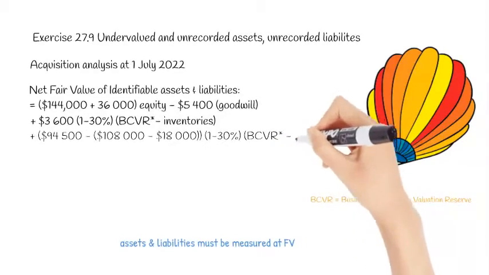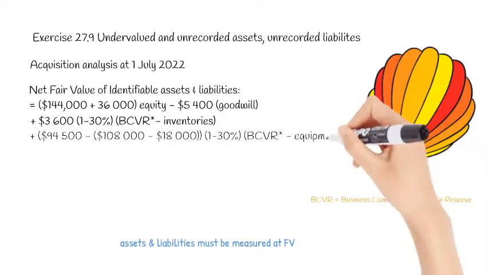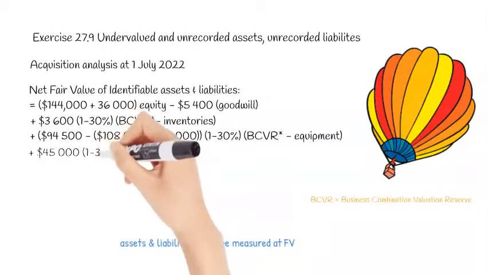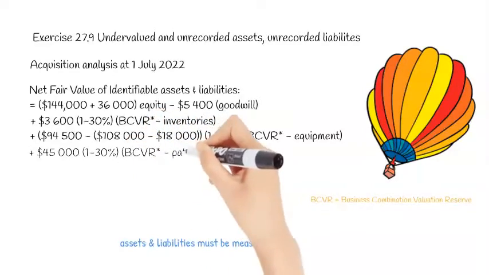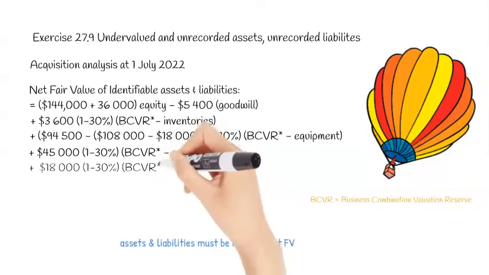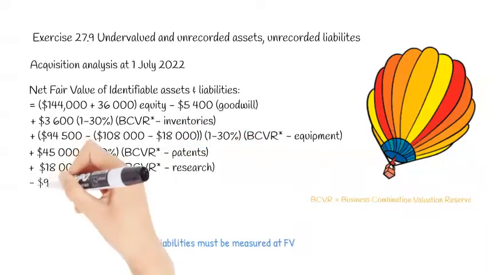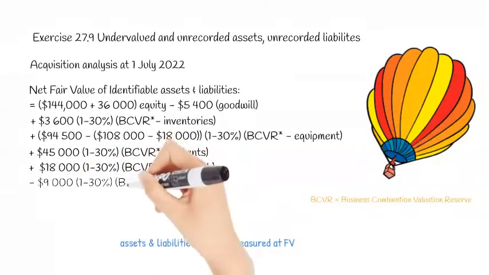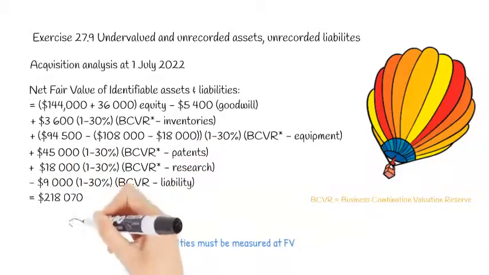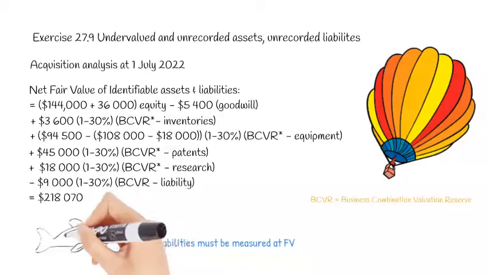There is an upward revaluation for equipment to the fair value, therefore we add the difference to the net fair value of identifiable assets and liabilities. The same applies to other accounts. Then we'll come up with the total net fair value of identifiable assets and liabilities of 218,070.